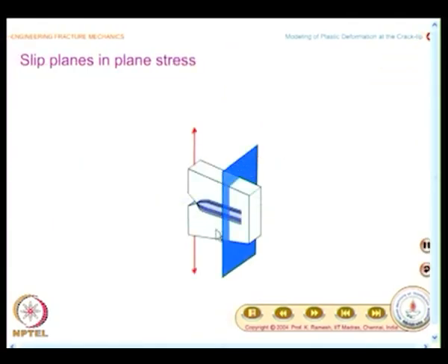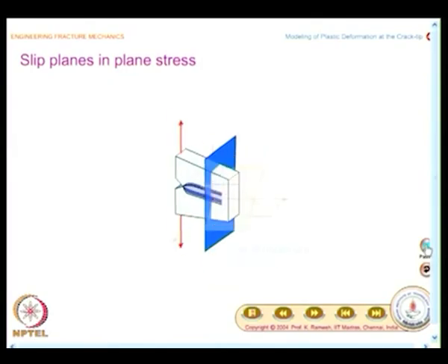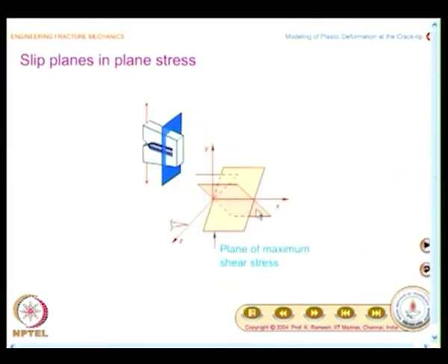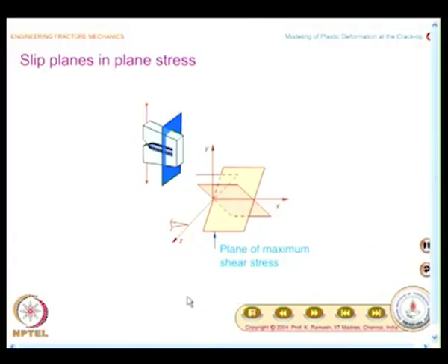I am looking at a plane like this, where I have essentially plane stress. The planes of maximum shear is really out of plane. So do not think when I say plane stress everything remains in the plane, it is not so. That is why we have looked at the stress tensor as well as the strain tensor, and you can see the animation here.